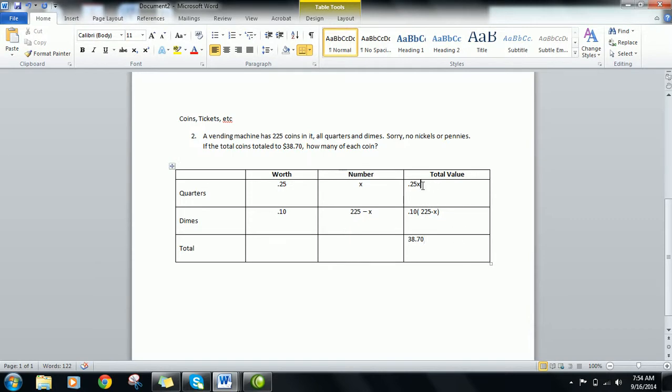And the amount I have in quarters, plus the amount I have in dimes, is going to be equal to the total amount. So my linear equation is 0.25x plus 0.10 times the quantity 225 minus x, and that has to add up to be the total, 38.70. And you guys can solve from there.